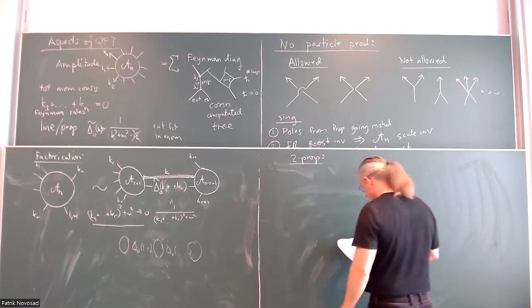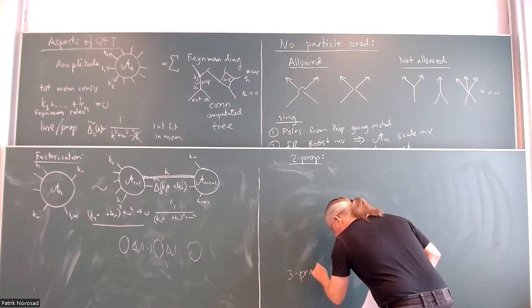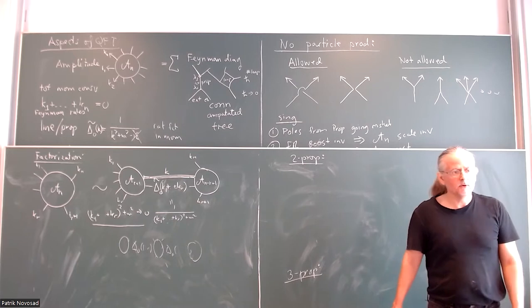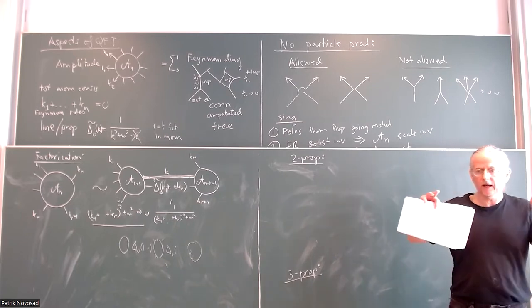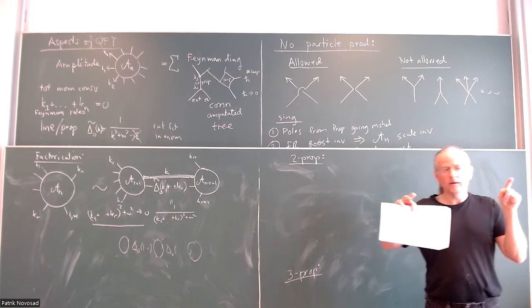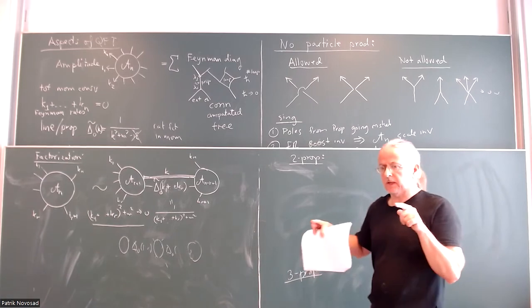And later I will call something a free propagator. And that may look a little bit strange because I know a propagator has two ends, right? It starts and ends. So what do I mean by a true propagator and a free propagator?